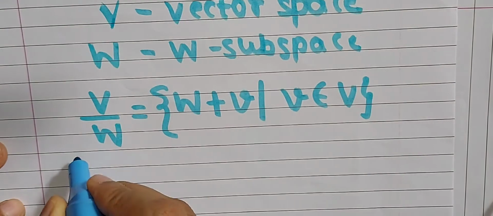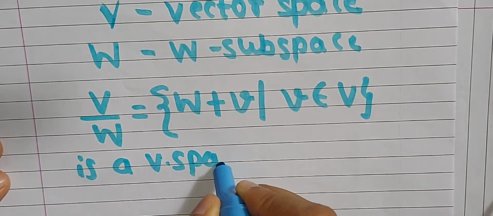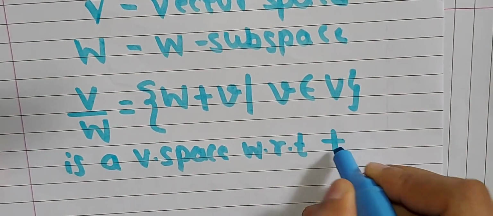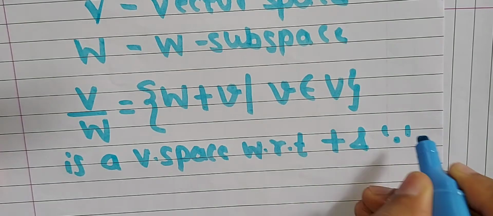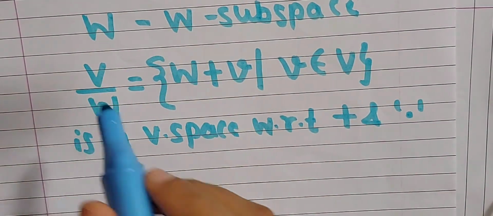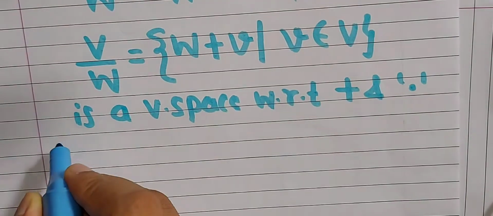This quotient space is always a vector space with respect to addition and scalar multiplication. Just consider two elements from this V by W, and take addition and scalar multiplication over them.